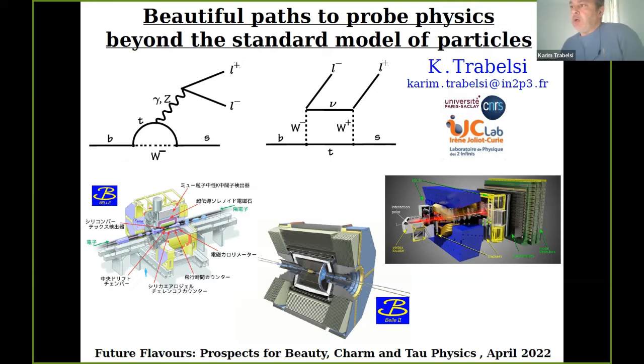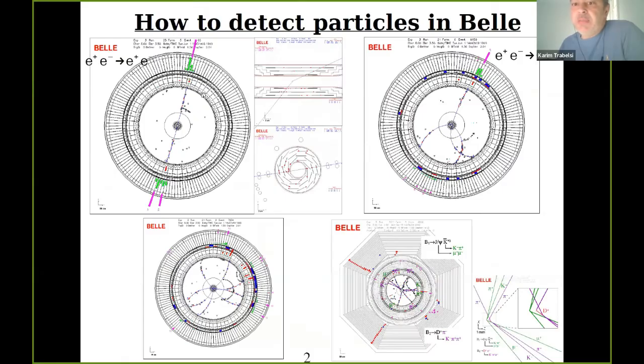Okay, so I added a couple of slides, I don't know which version you have, just to remind people who were in the first lecture that what we did yesterday was to build a couple of detectors in an e+ e- collider running at the Upsilon(4S) resonance.